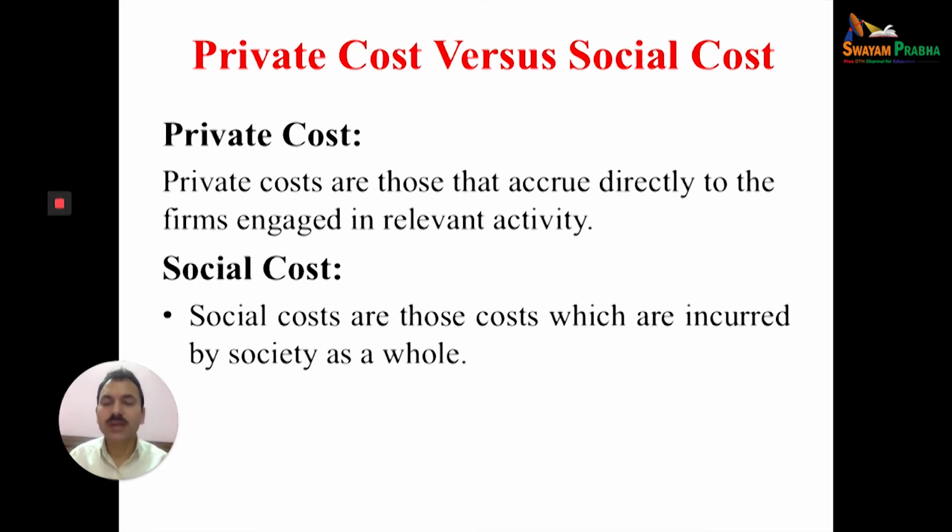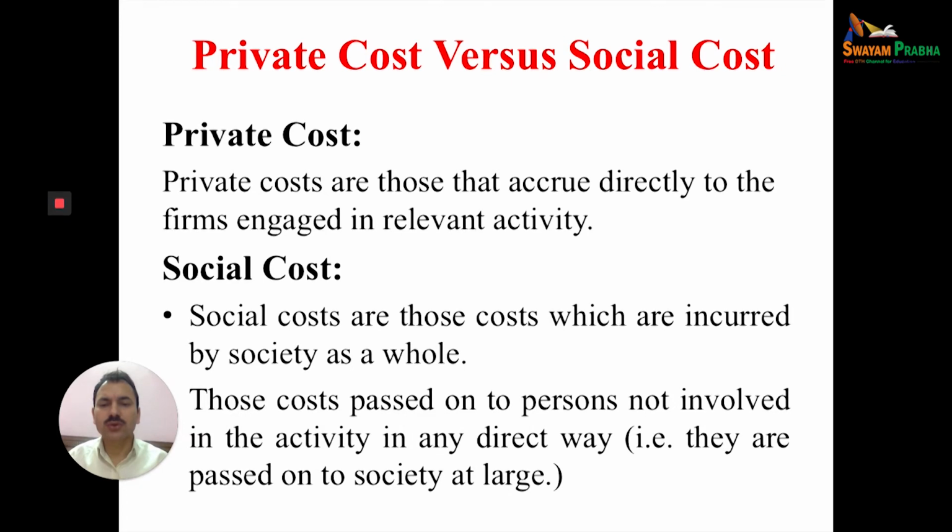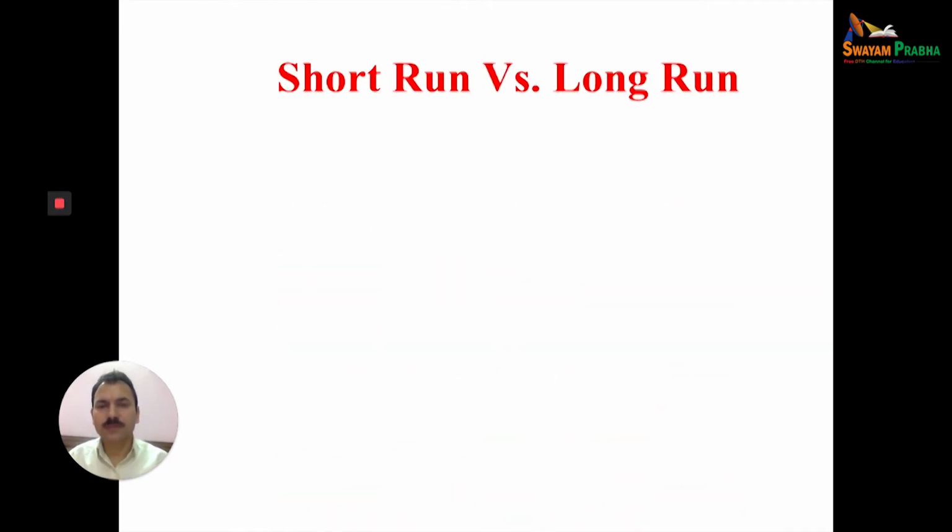Private cost may be only for the profit motive, for their own sake, but the amount spent by the whole society for the public welfare is called social cost. Those costs are passed on to persons not directly involved in the activities, that is, they are passed on to society at large, which is called social cost.